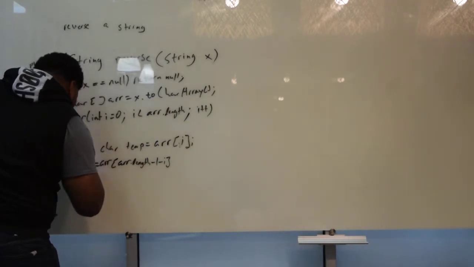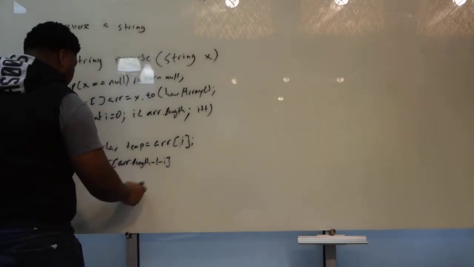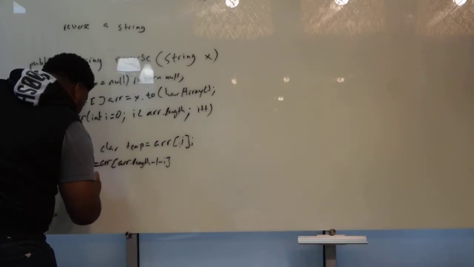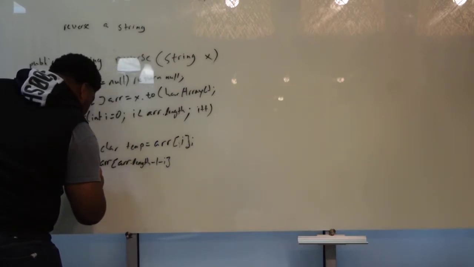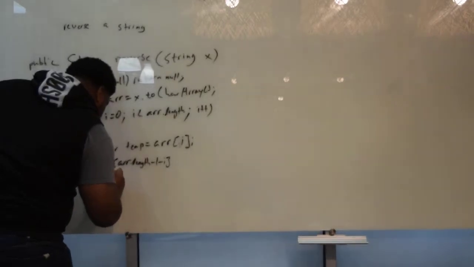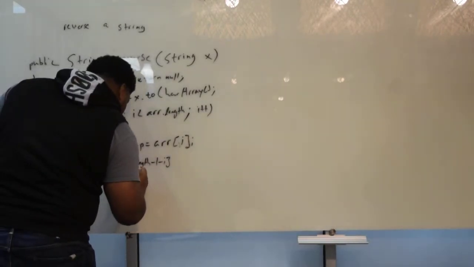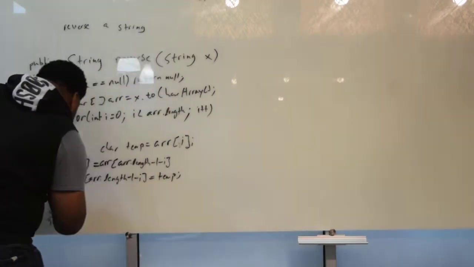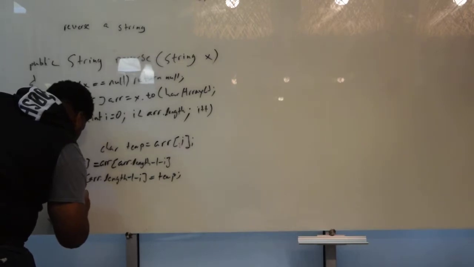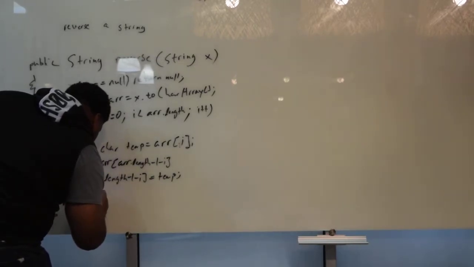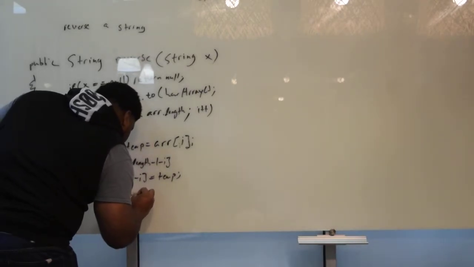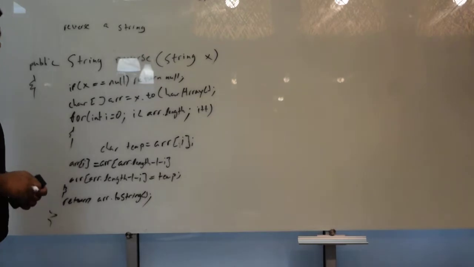This is equal to R of i is equal to that, and R of length minus 1 minus i is equal to temp. Return R dot toString. I think that's the syntax.